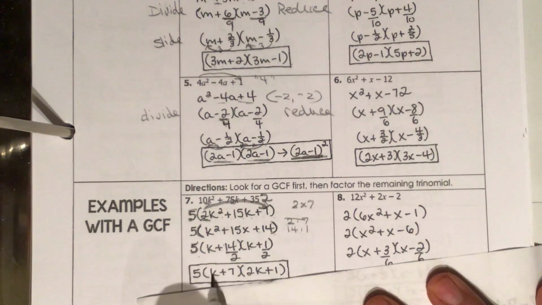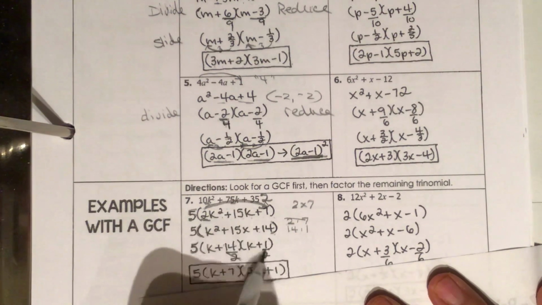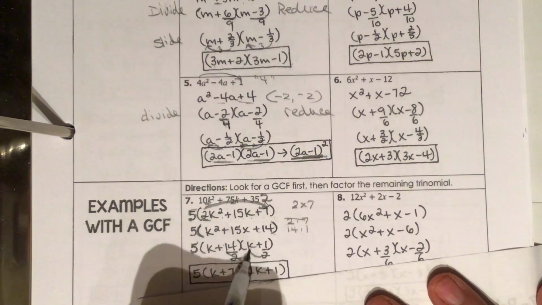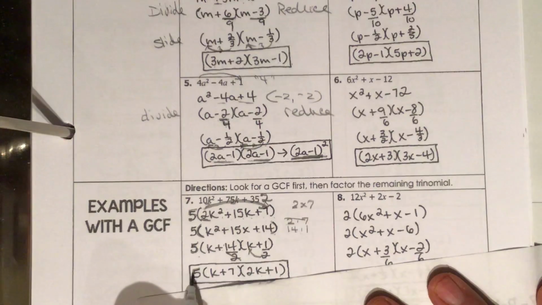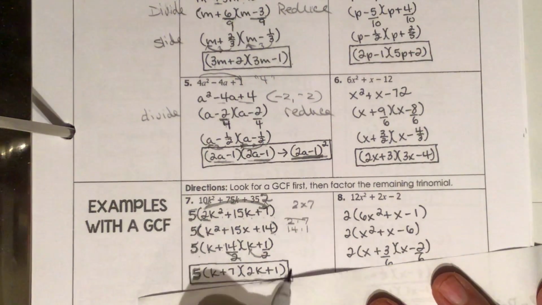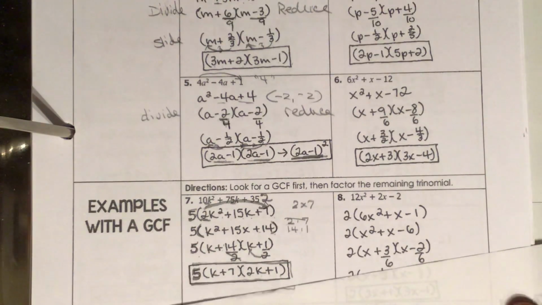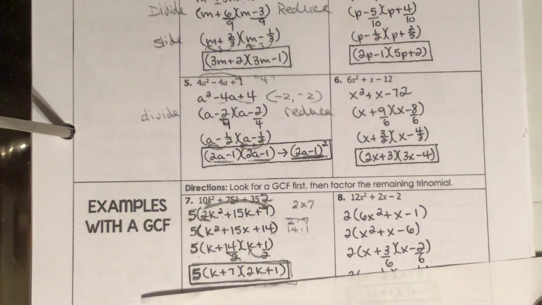So guess what? You get to put just k plus 7. There's no sliding because we get rid of the 2. But here we can't get rid of the 2. You're going to slide it over, 2k plus 1. And remember, you're still going to leave your GCF over here at the front, not getting rid of it. It stays. You keep bringing it down.